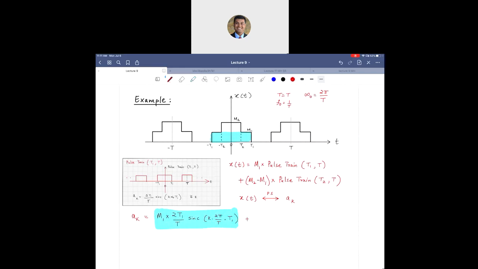Then I have the second one, m2 minus m1 times 2 t2 divided by T, sinc of k omega naught, which is the same, 2 pi divided by T times t2. And let me color code that, maybe yellow.